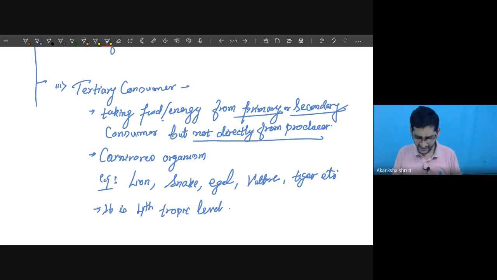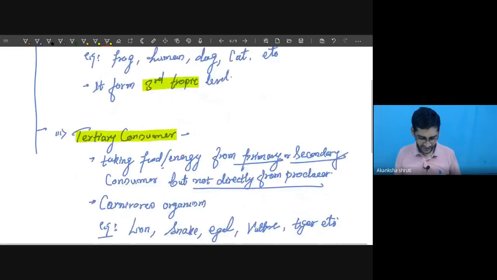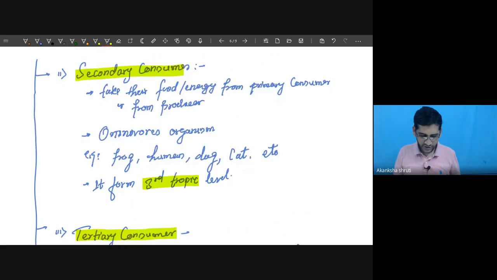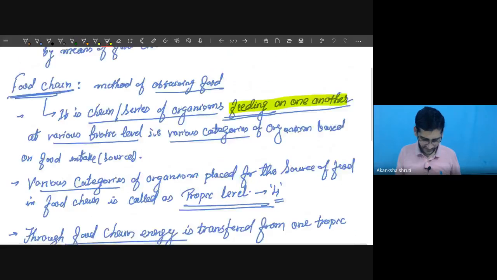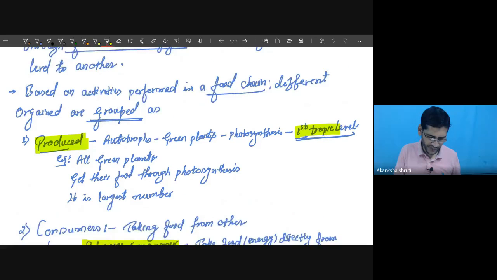So this way, all the organisms that we have classified into the three categories, means four trophic levels, are classified into producer and consumer. Now, students, here we have started with the grouping. The very first grouping is producer. The second one is consumer.